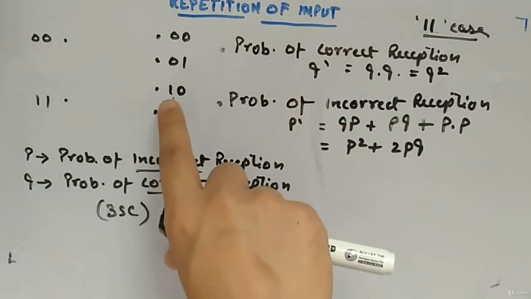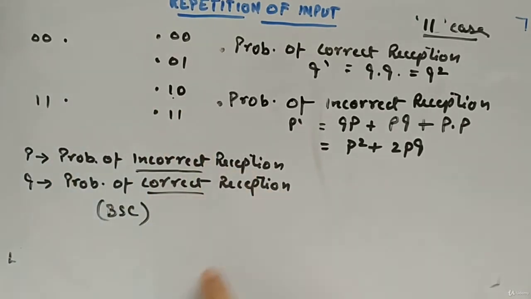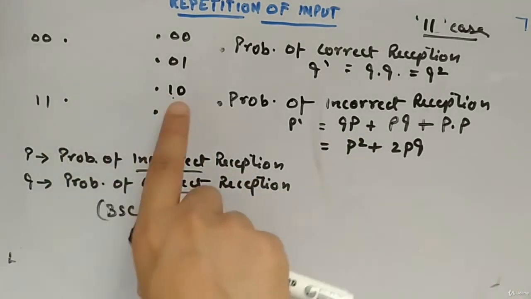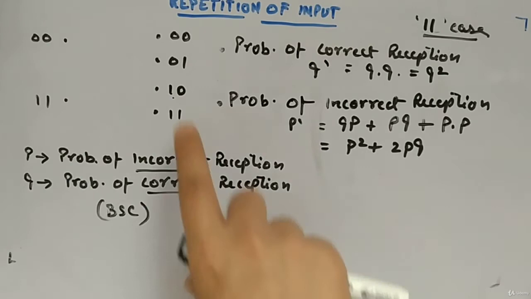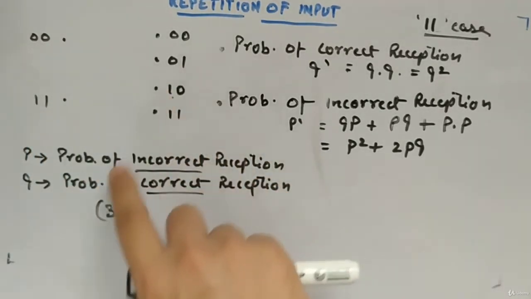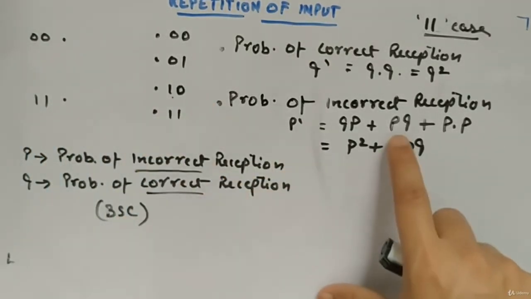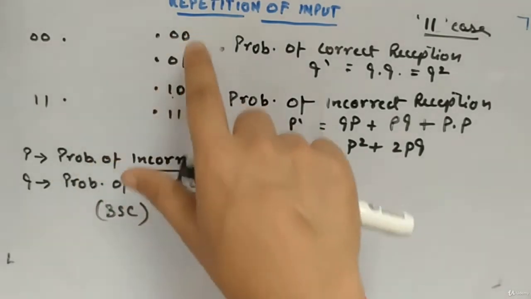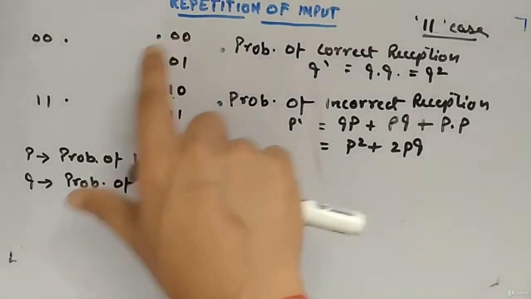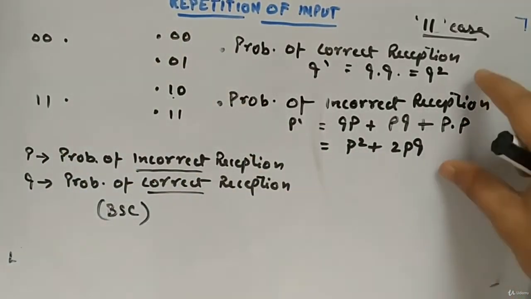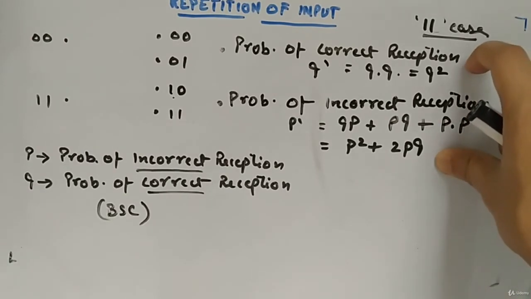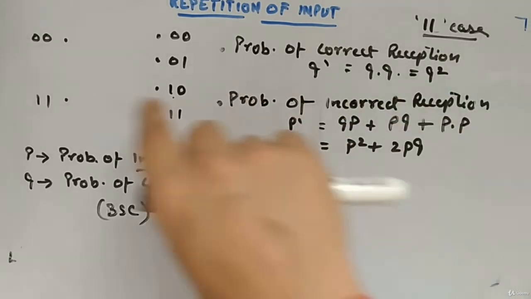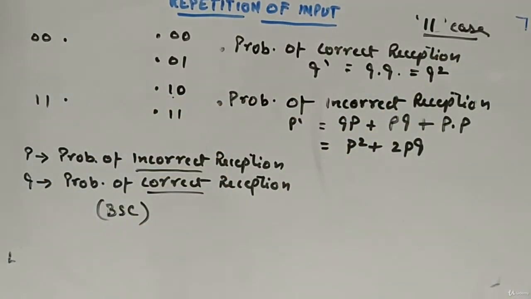You send 1, receive 1, send 1, receive 0, means Q into P, correct then incorrect. Here you send 1, receive 0, send 1, receive 1, so P into Q. Similarly at last P into P, both are incorrect. So the probabilities of correct and incorrect reception are similar in the case of 0 as well as the case of 1.